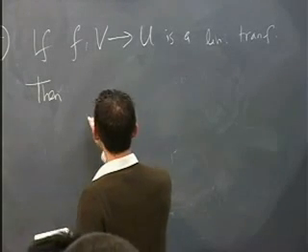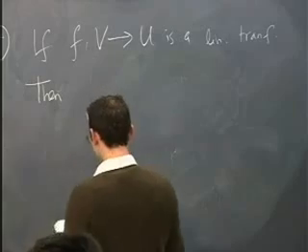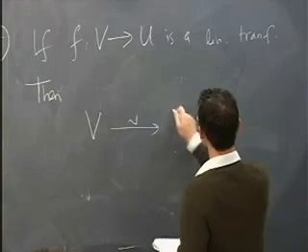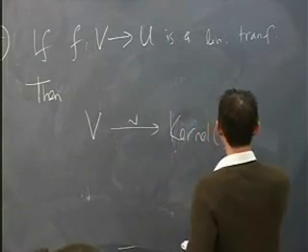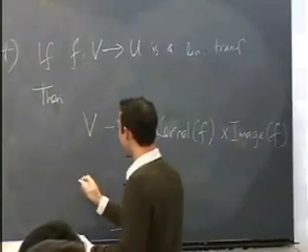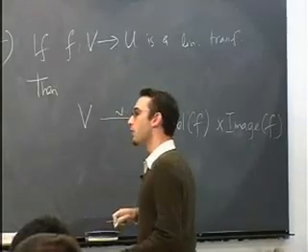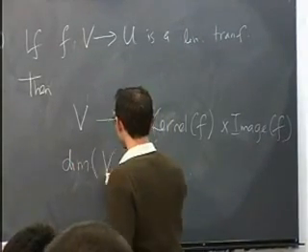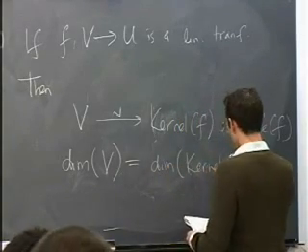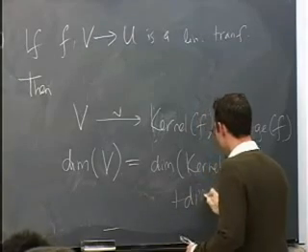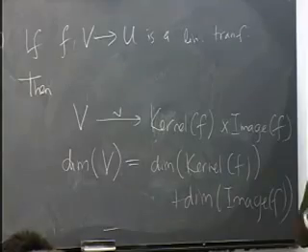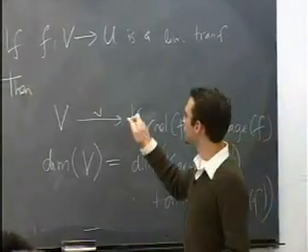First of all, V is isomorphic to the product of the kernel of f with the image of f, and consequently, again, by the same argument as here, the dimension of V is equal to the dimension of the kernel of f plus the dimension of the image of f. What group theoretic result implies this?